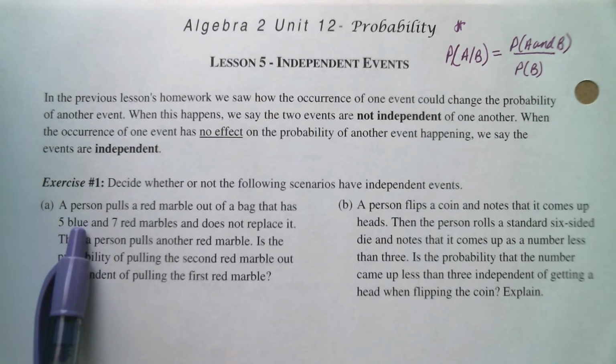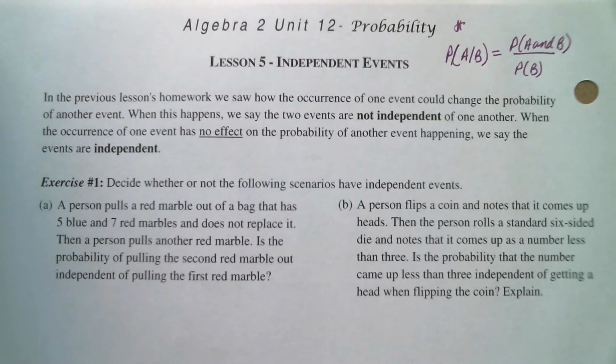So A, a person pulls a red marble out of a bag that has 5 blue and 7 red marbles and does not replace it. Then a person pulls another red marble. Is the probability of pulling the second red marble independent of the first red marble?